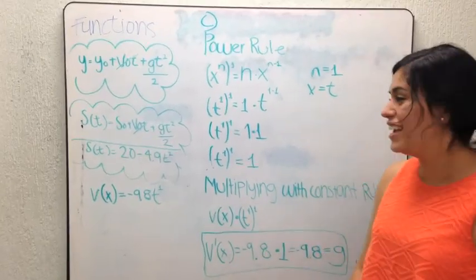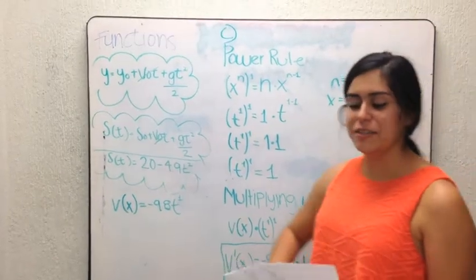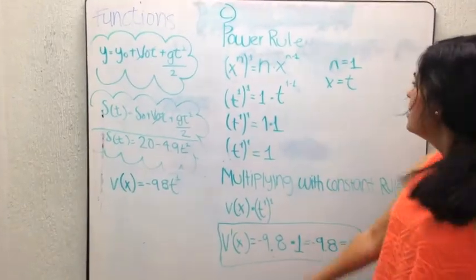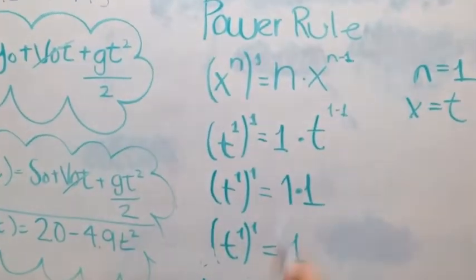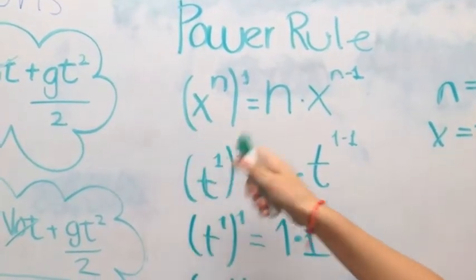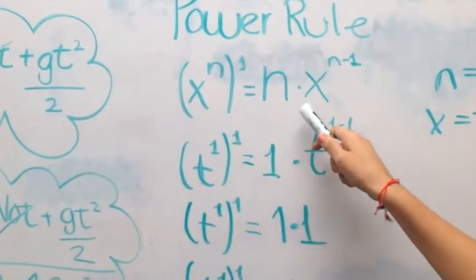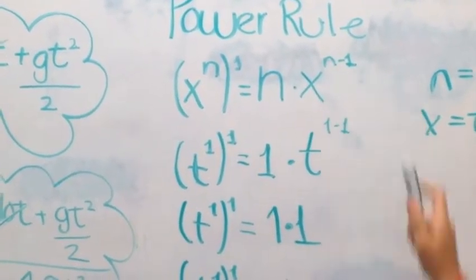Letter C is telling us to find the acceleration function by using differentiation rules. One of them is the power rule, and its formula is this: the derivative of x to the n power equals n times x to the n minus 1 power.